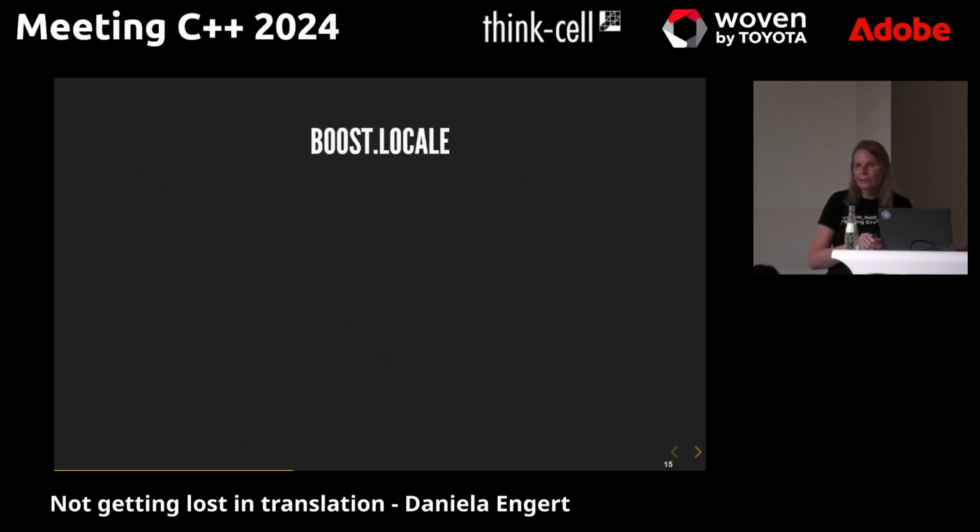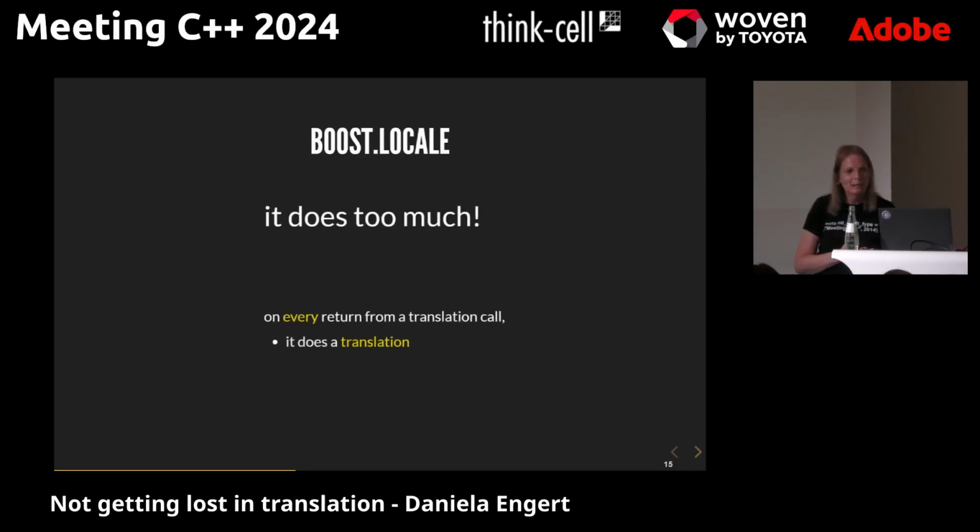Boost Locale implements all this kind of stuff, but I have a gripe with it. It does way too much, in my opinion, because every time you do a call of an individual translation, it not only does the translation, it also does an encoding conversion. And as mentioned before, we deal only with Unicode, so I don't need an encoding conversion.